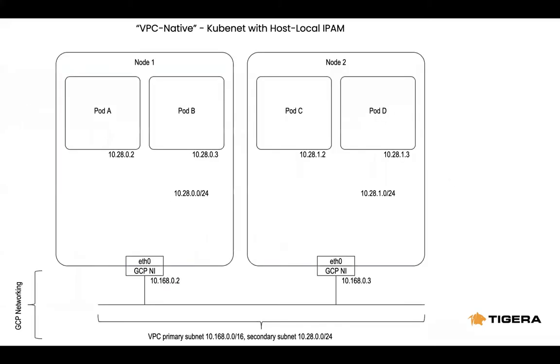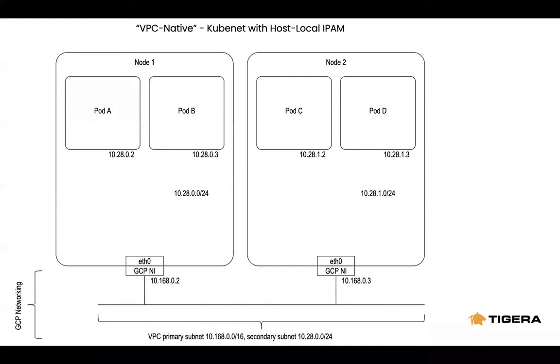So here's an example of a kubenet configuration. You have your GCP networking configured, then you have the GCP network interface, which connects to eth0 on each node, and then you get a /24 on each node for the IP addresses of the pods.